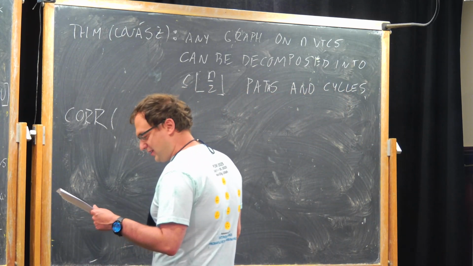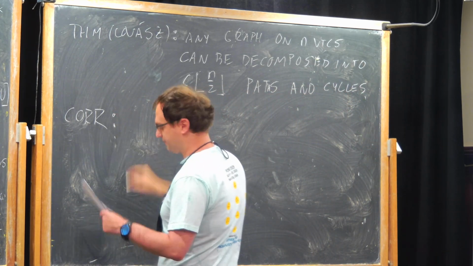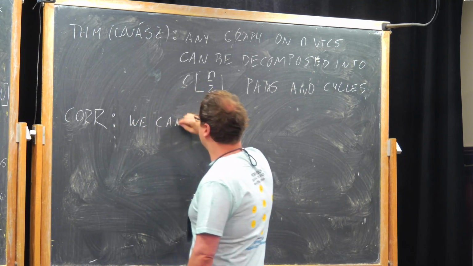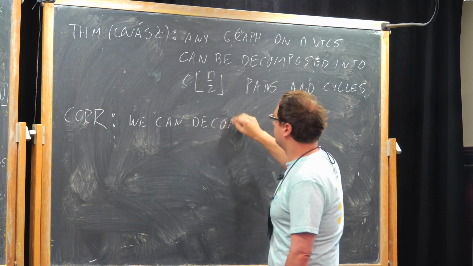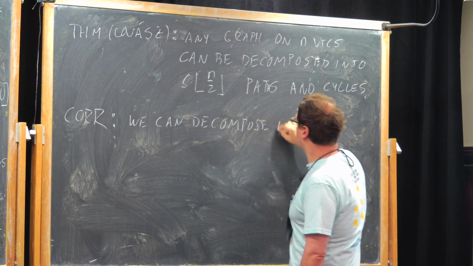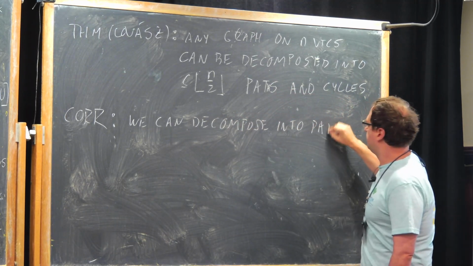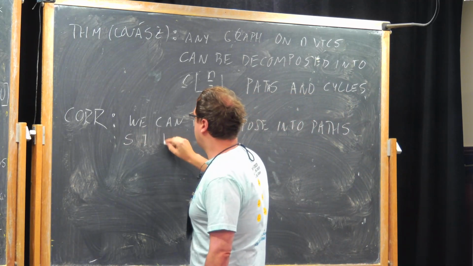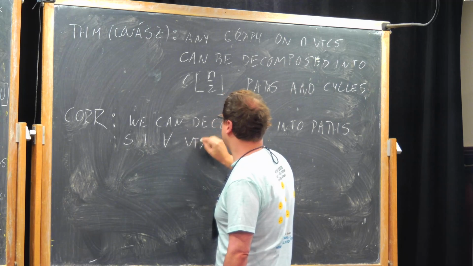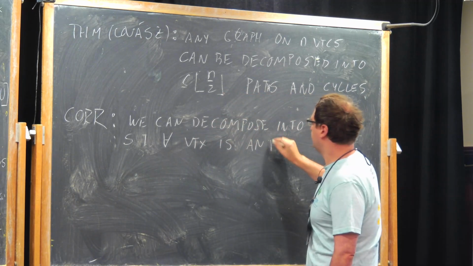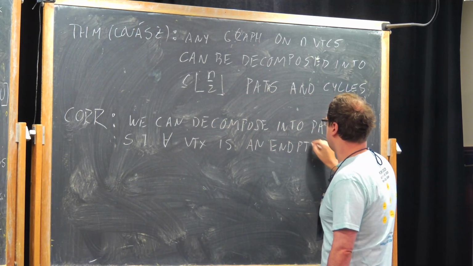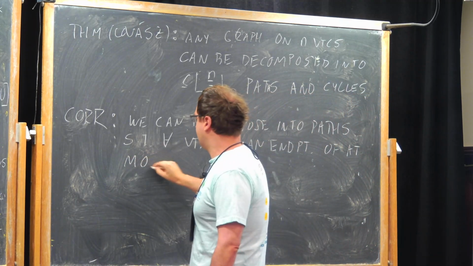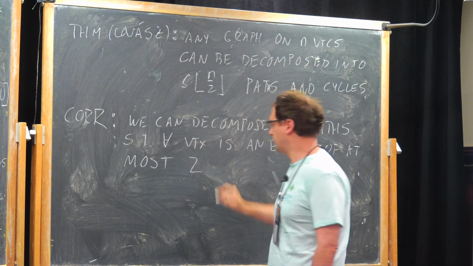So here's the corollary. We can decompose the graph into paths such that every vertex is an endpoint of at most 2.